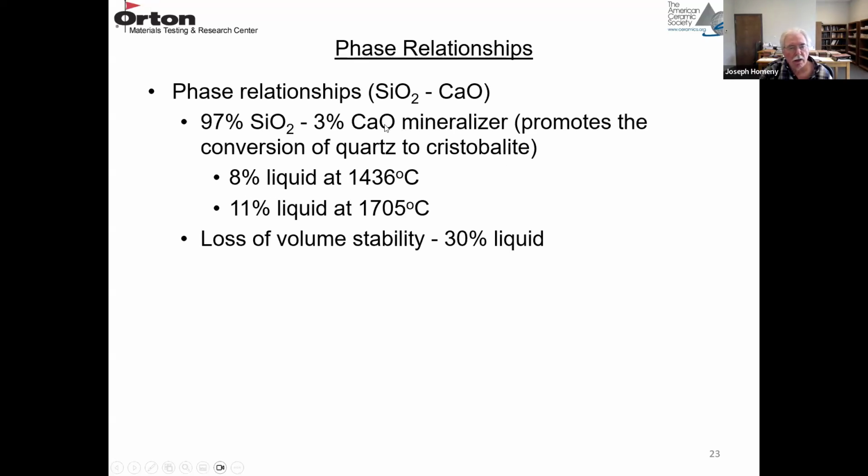So if you have 3% lime present at 1436 degrees C, that's going to produce 8% liquid. If you go to a little bit higher temperature, 1705 degrees C, that's going to make 8% liquid. And keep in mind that when you reach 30% liquid, you lose all volume stability in a refractory. You will lose the hot strength and you will lose the creep resistance.